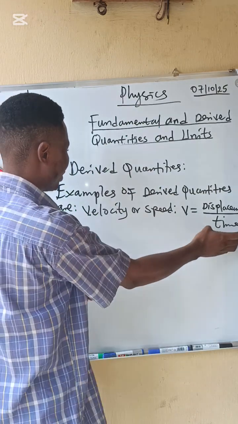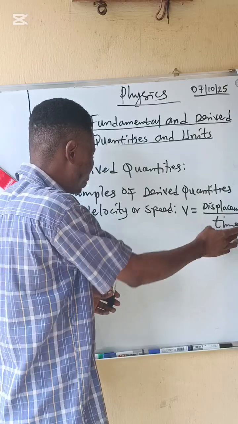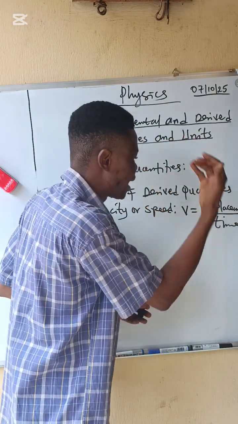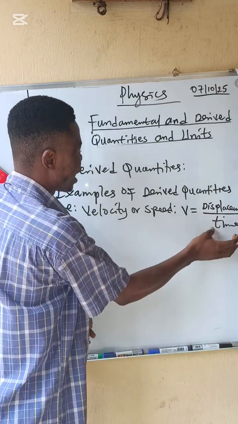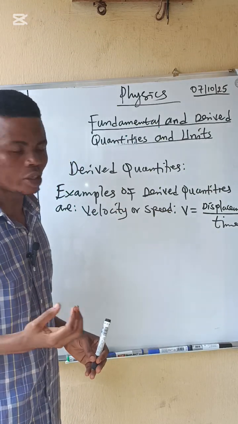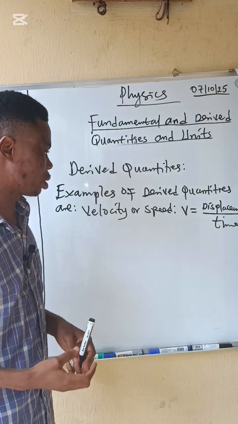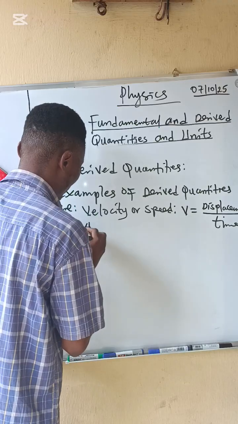So it means that velocity depends on displacement and time for it to exist. Without these two, you won't have velocity. So in this case, velocity is a derived quantity.